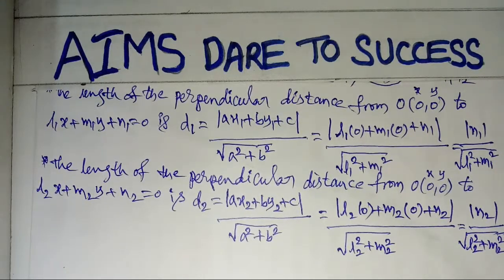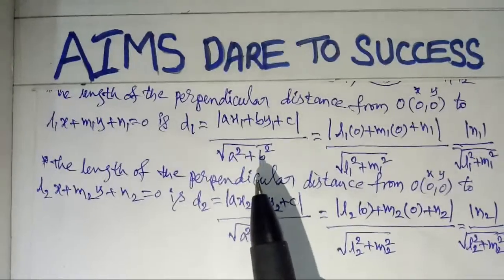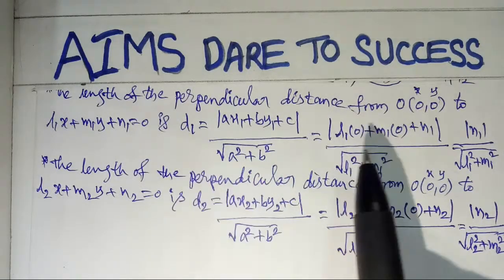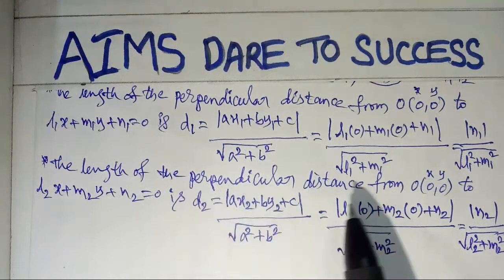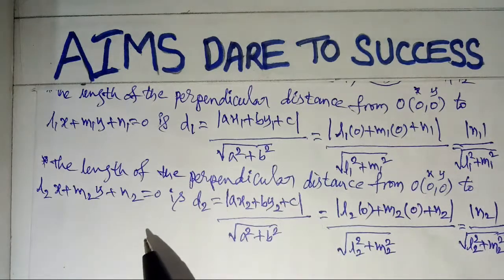So first we have completed the perpendicular distance from the origin to the first straight line, and the perpendicular distance from the origin to the second straight line.